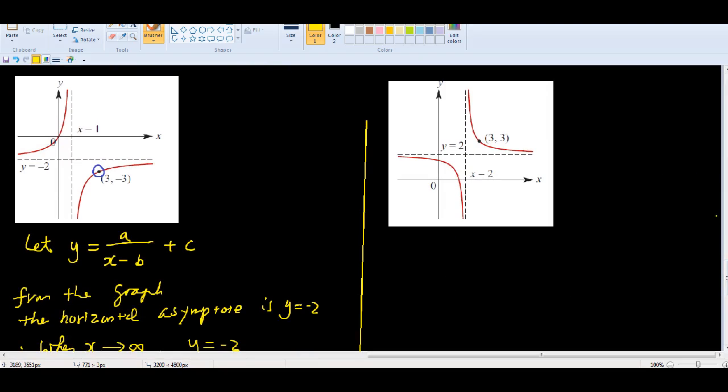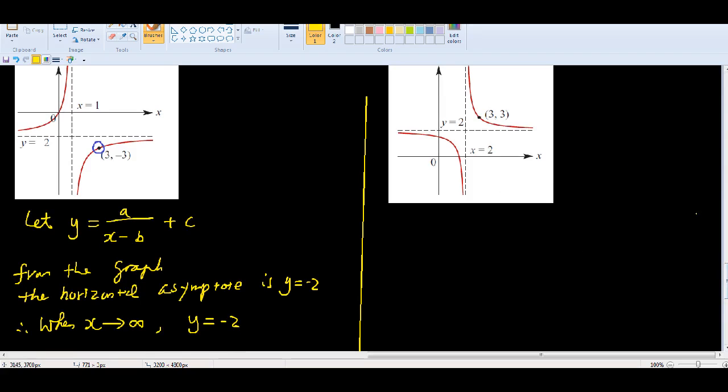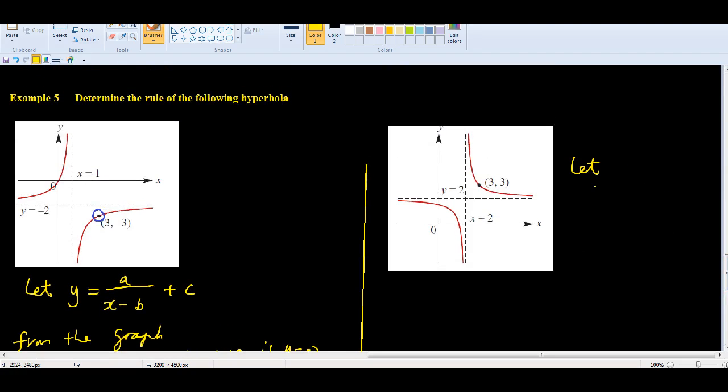Okay, for this one again, you need to let y equals a over x minus b plus c.